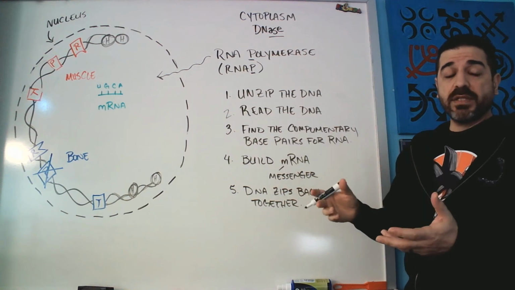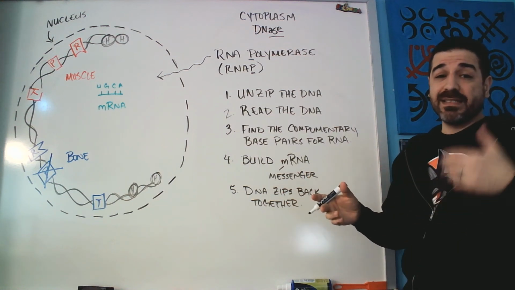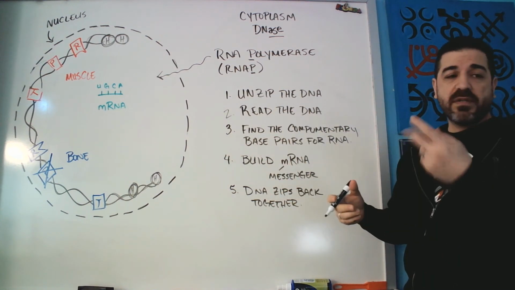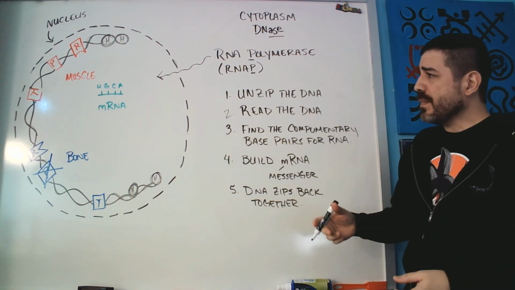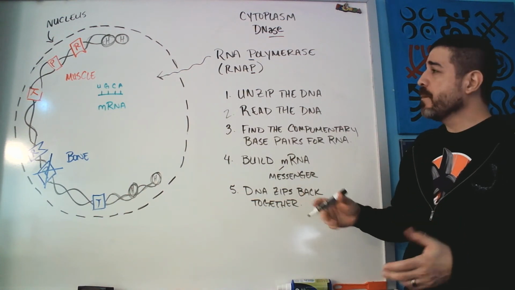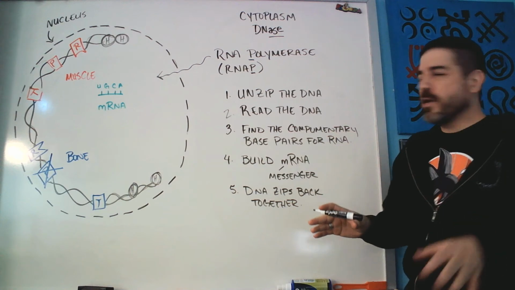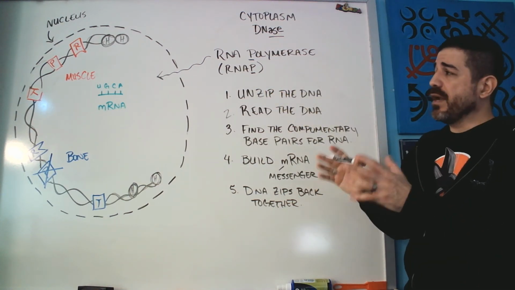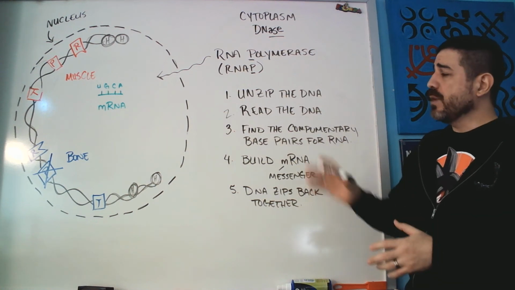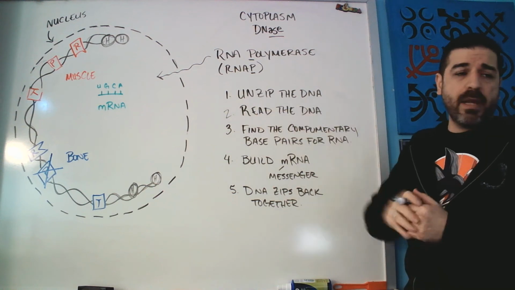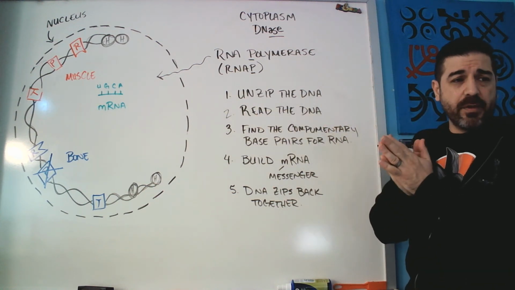They last a really long time, which is good because they need to last as long as you do to make sure they're still providing all the instructions that you need for growth, development, survival, reproduction. And obviously, through preservation techniques, it's able to outlast you as well, but we won't get into that. All right? So we read one half of it because only one half has the instructions. The other half's just there for stability. So after we're done with it, we've read it, we've figured out what we needed, we've made our mRNA, it just goes back together. All right?